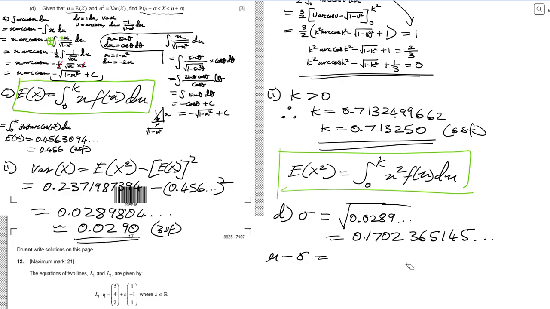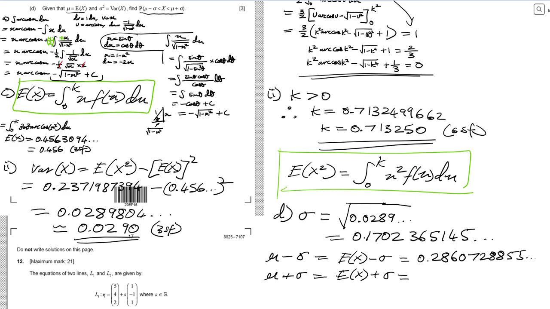Just use your calculator and give it in. That's equal to EX minus, which is, let's find out, 0.4563094 minus our answer. That is 0.286072885, and we have mu plus standard deviation. That is exact same thing.